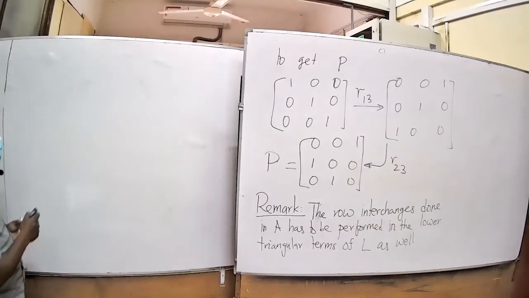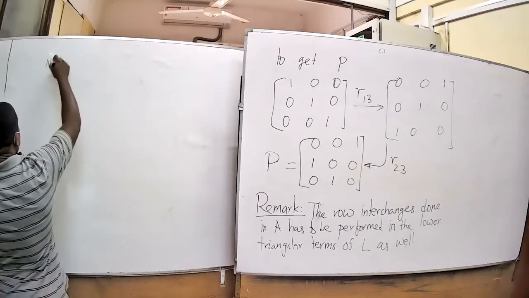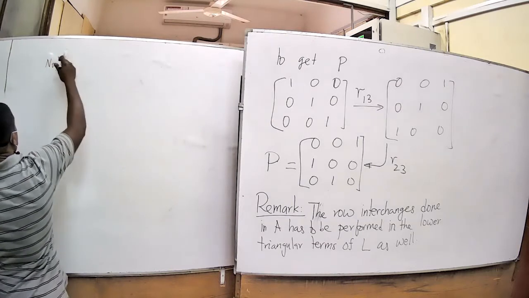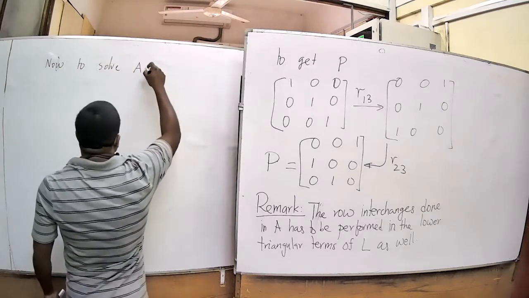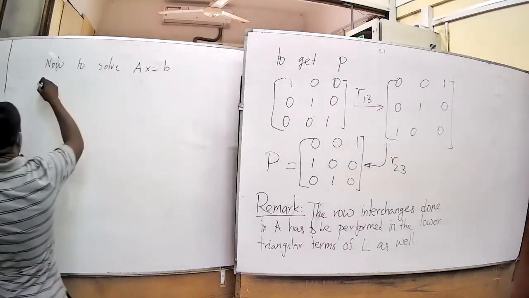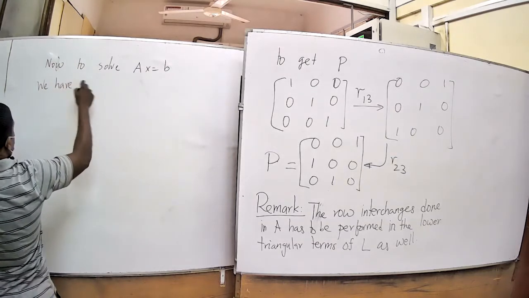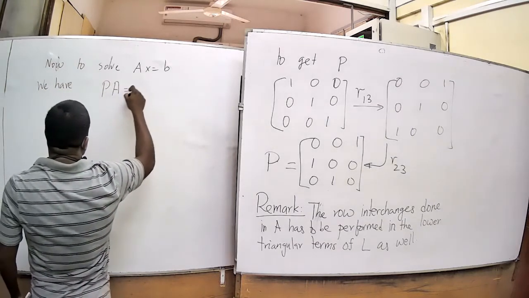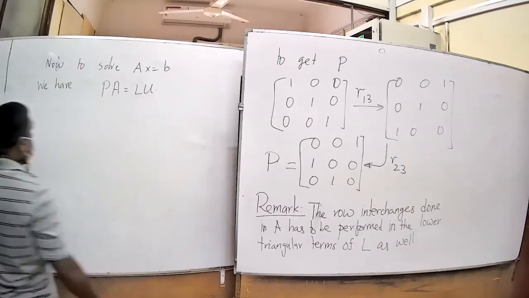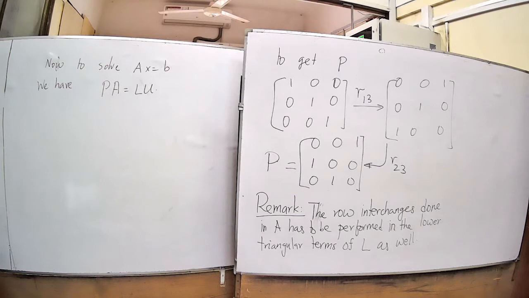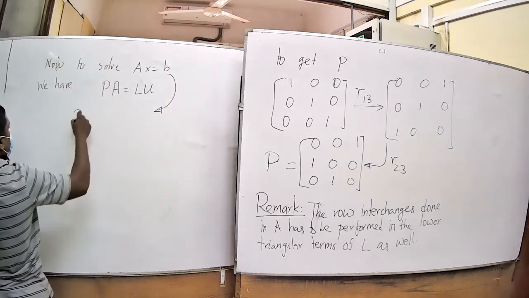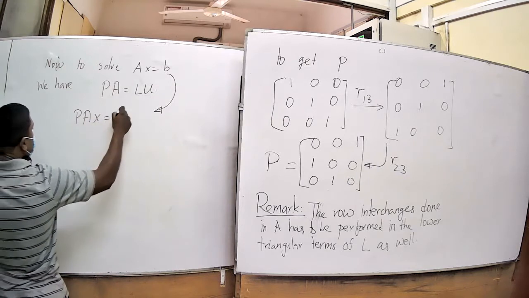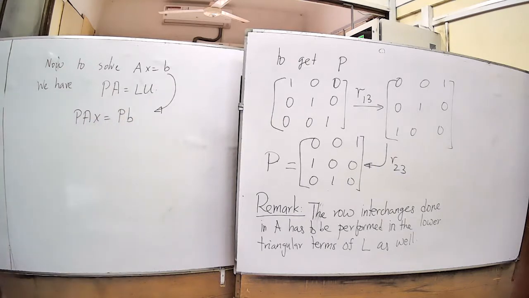Now, to solve Ax = b, you know that you have PA = LU. From this, you multiply by P, so you get PAx = Pb.